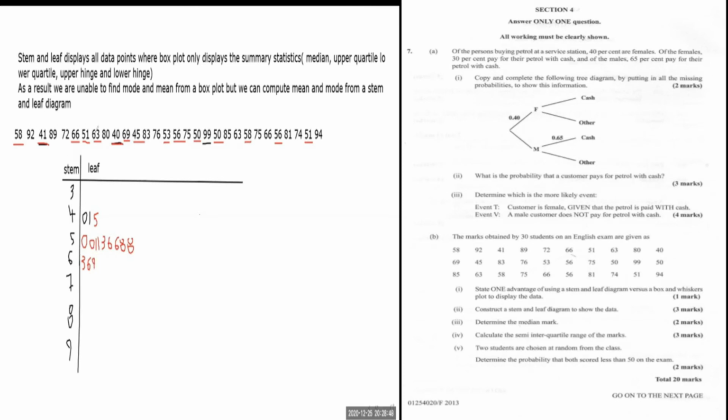Going into the 70s. Now we see a 72. And this is a 74.